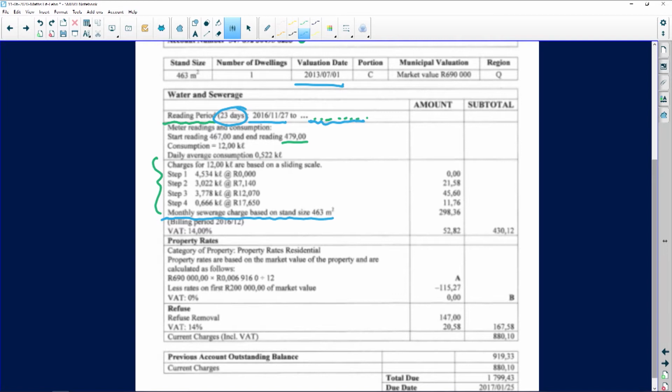So you need to add these 23 days to that 27 November over there. So you have to count your dates. And one of the most beautiful things about maths literacy is that it has to apply to real life.